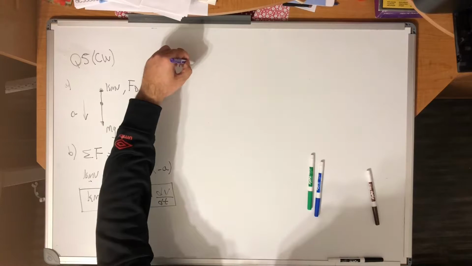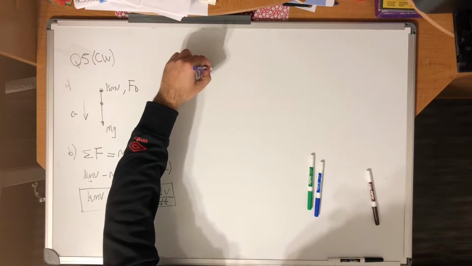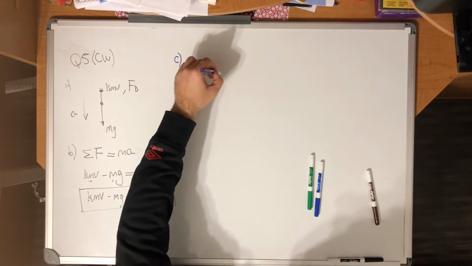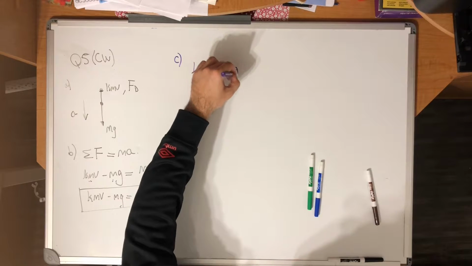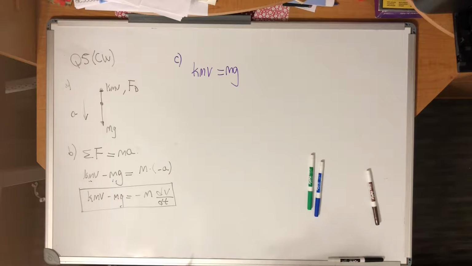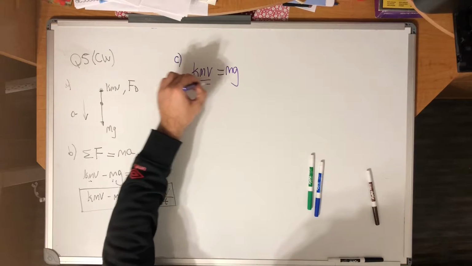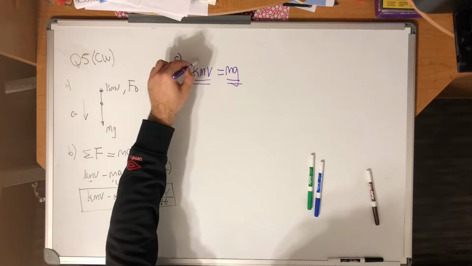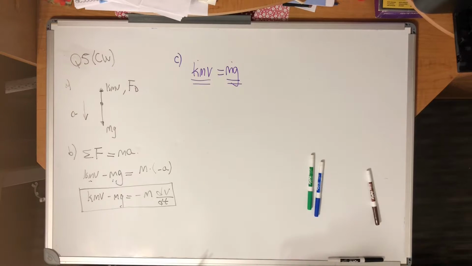So what does that mean? kmv equals mg. That is going to be the situation when you are reaching your terminal velocity. So your drag force will be equal to your weight.